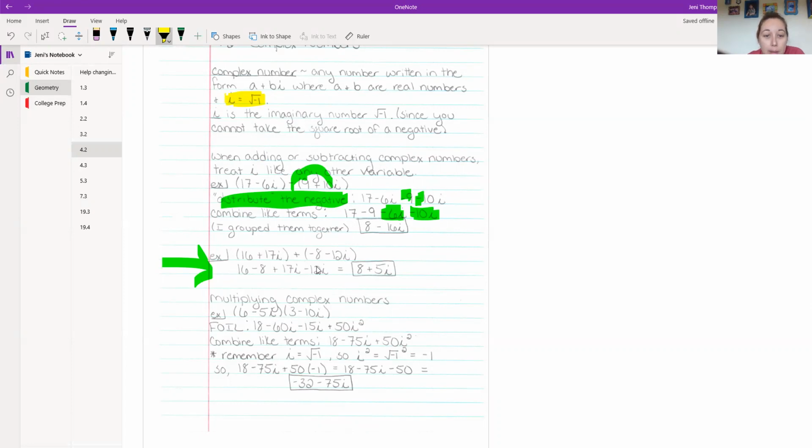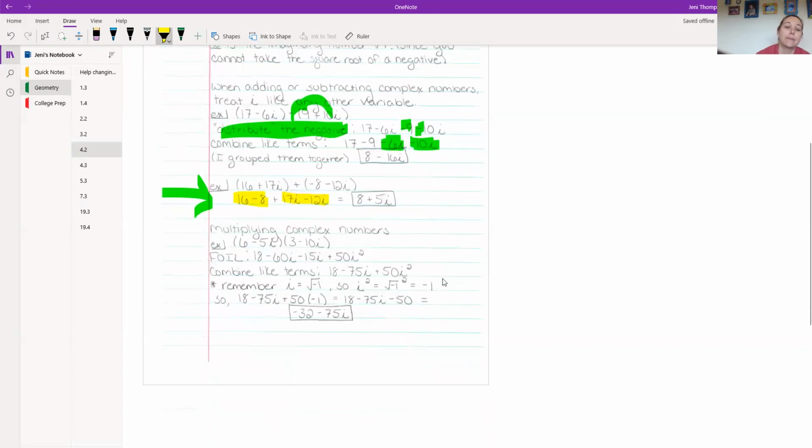When I wrote them, I wrote the like terms together. Here's our numbers. Here's our terms with the variables. 16 minus 8 is 8. 17i minus 12i is 5i. So I think you guys are not going to have any problem with adding or subtracting.